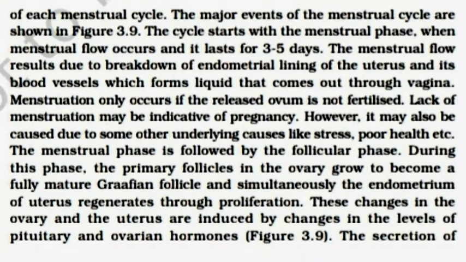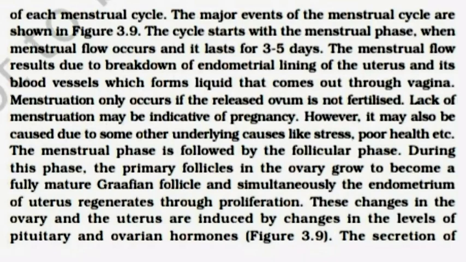The cycle starts with the menstrual phase, when menstrual flow occurs and it lasts for 3 to 5 days. The menstrual flow results due to breakdown of the endometrial lining of the uterus and its blood vessels, which form liquid that comes out through the vagina.